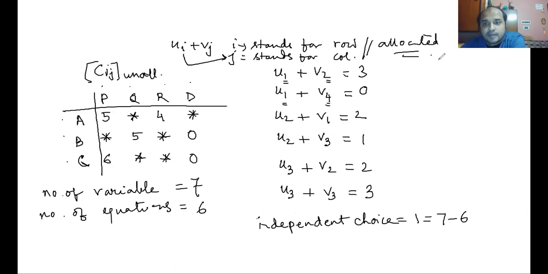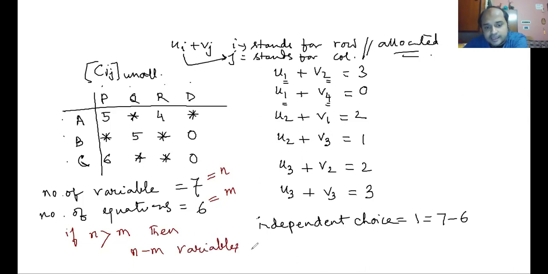So you tell me, any student. Actually, the rule is that if the number of variables is n and the number of equations is m, and if n is greater than m, then n minus m variables are independent.